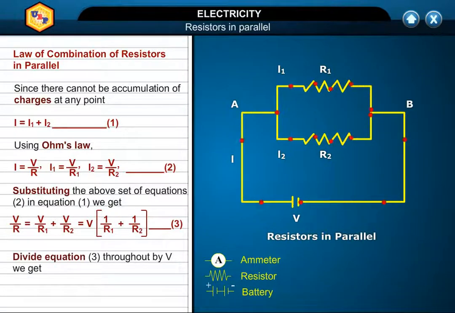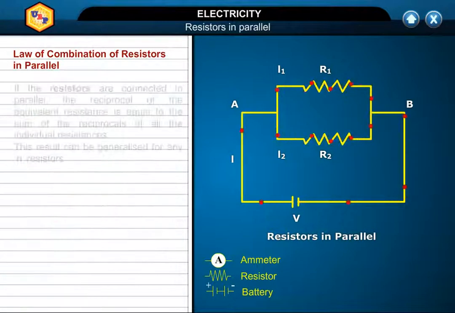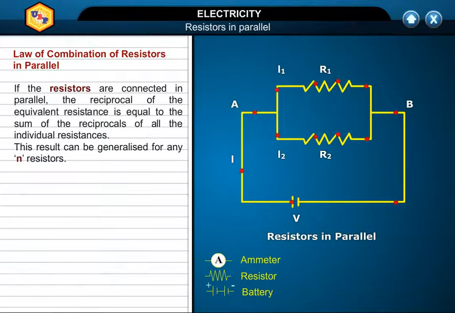On dividing equation 3 throughout by V, we get 1 upon R is equal to 1 upon R1 plus 1 upon R2. If the resistors are connected in parallel, the reciprocal of the equivalent resistance is equal to the sum of the reciprocals of all the individual resistances. This result can be generalized for any n resistors. Therefore, 1 upon R is equal to 1 upon R1 plus 1 upon R2 plus 1 upon R3 plus ... plus 1 upon Rn.